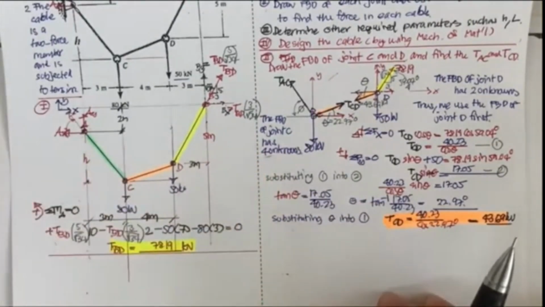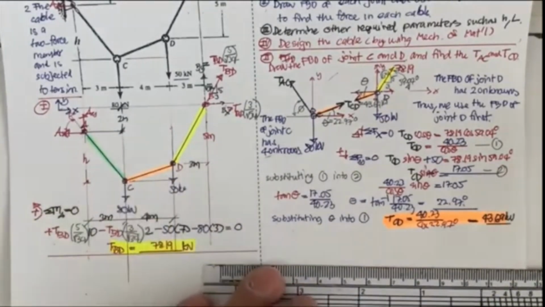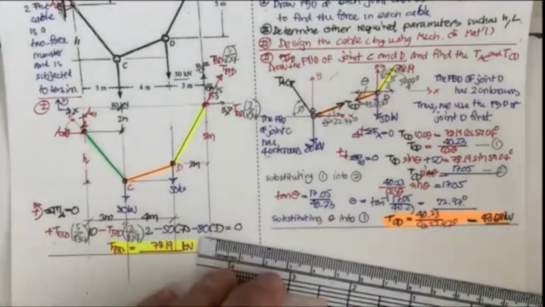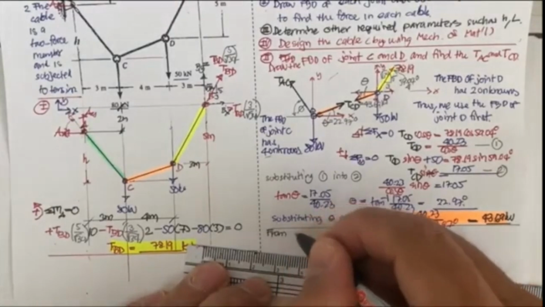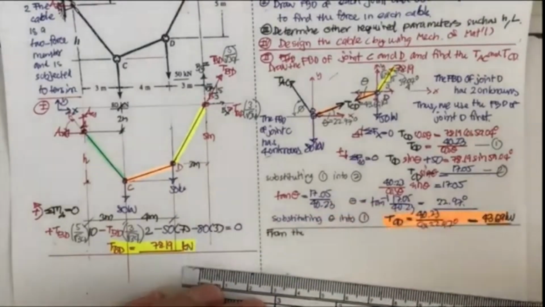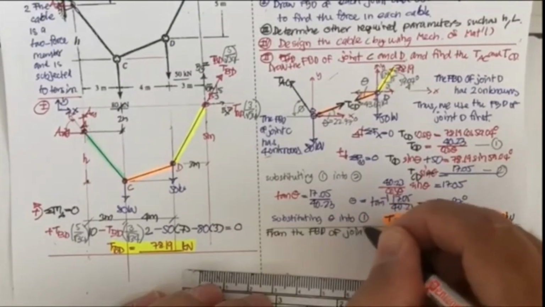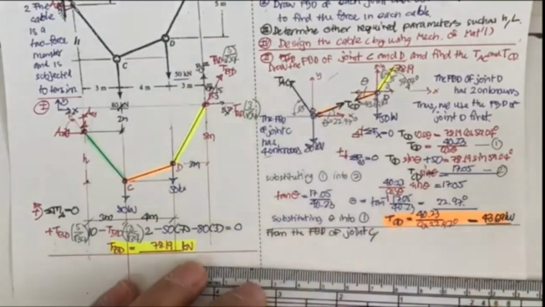Okay, next we move to find the force in cable AC. From the free body diagram of joint C, again the unknowns are the force and the angle.